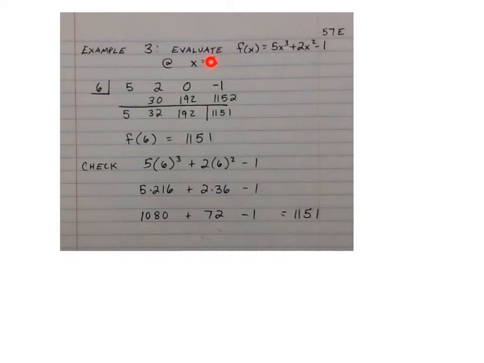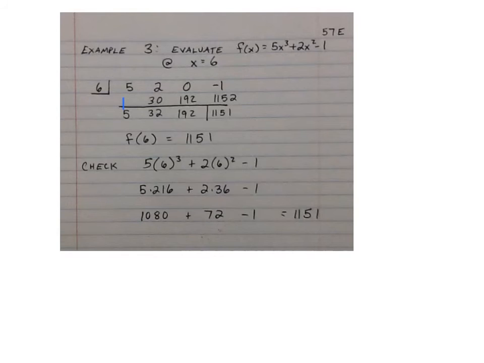So if you're evaluating it at 6, you plug 6 into the box, and then you write down your coefficients in standard form. 5, 2, we're missing an x term, so we get a 0, and then negative 1. And then we carry out synthetic division.